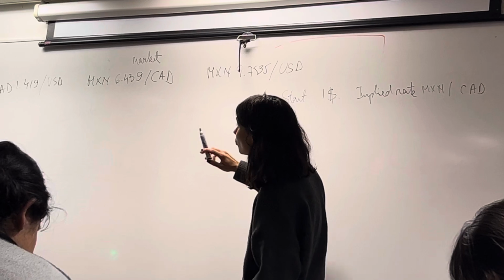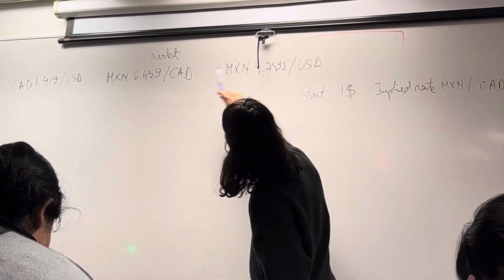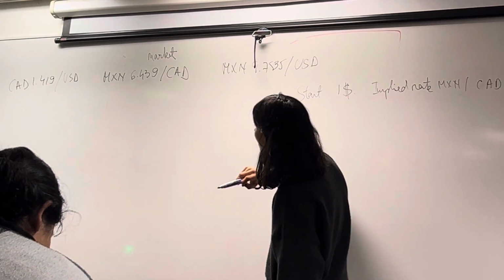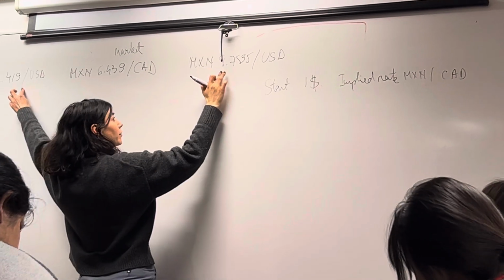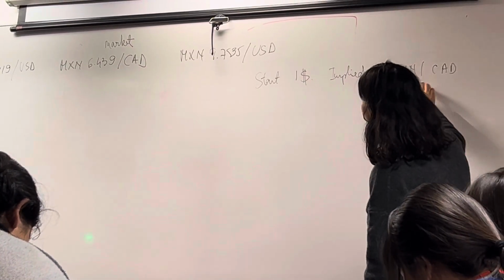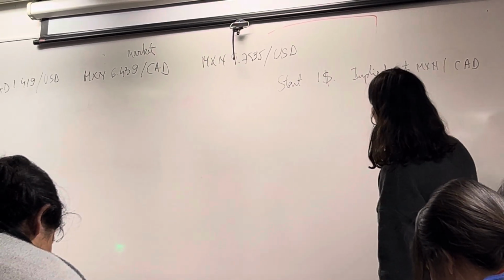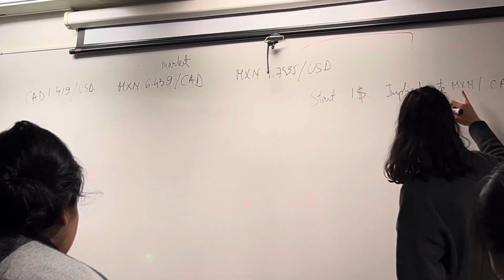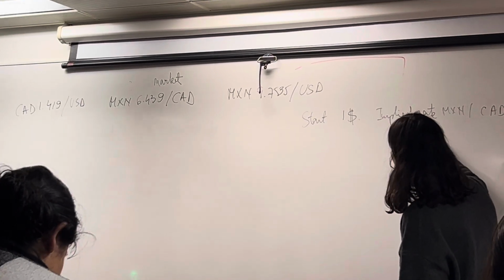As a King student, you do the implied rate between the other two available rates and see whether it is in line with the market rate. So we're talking about these two. What should I do to them to get this quote? 1 divided by. Which one should we divide? Any of those. 1 divided by the MXN. But if I want to start with this, 1 divided by 8.